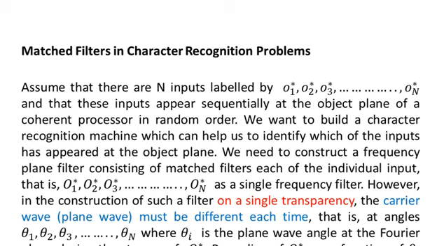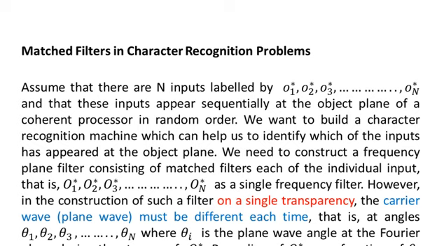And you know that when we are talking about the matched filter, it means capital O1 star, capital O2 star, capital O3 star and so on up to capital On star. What are these? These are actually the complex conjugates of the spectra of the small objects o1, o2, o3 and so on respectively.